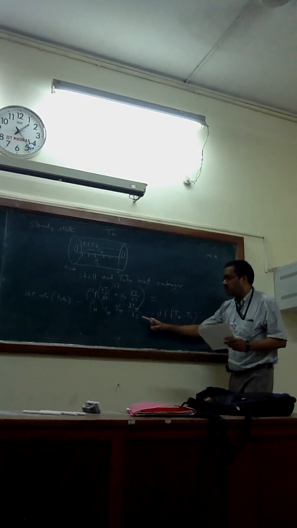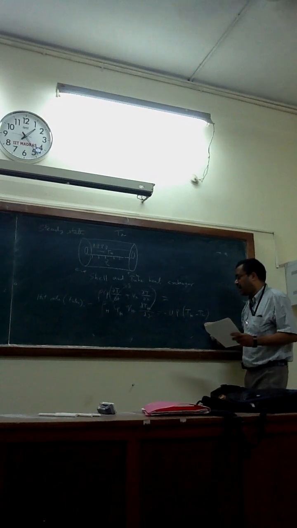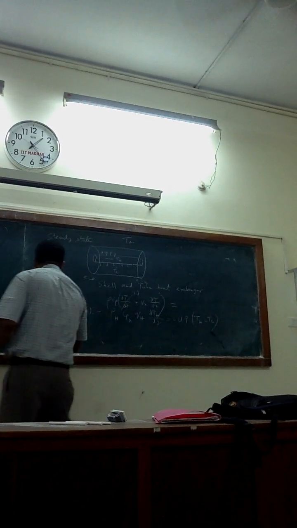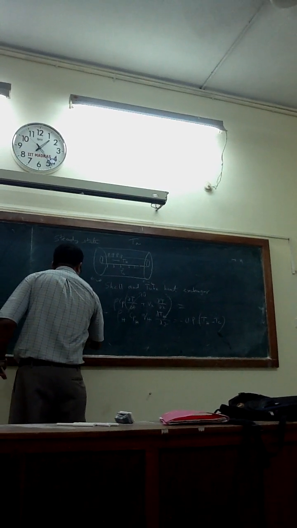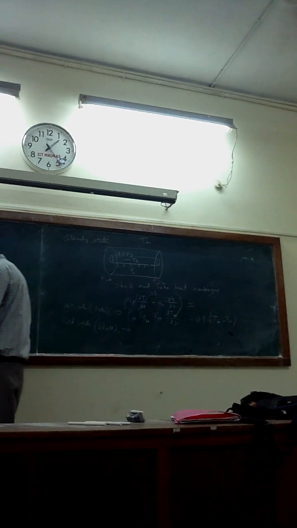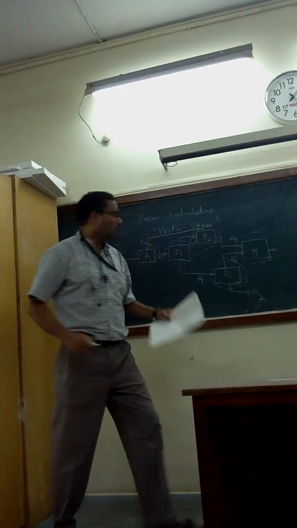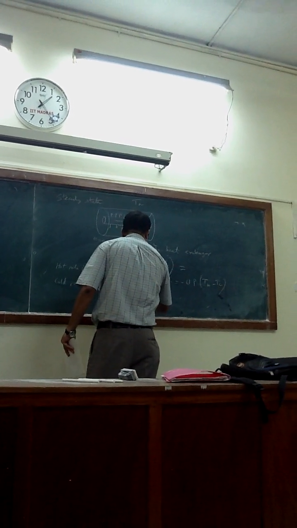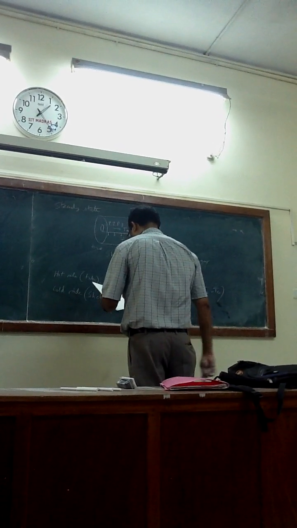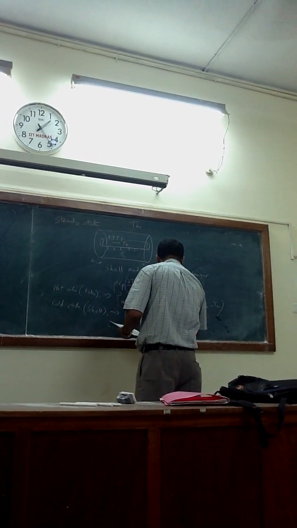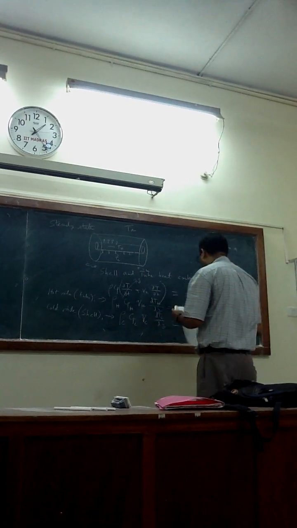So you can see that we have a differential part here, and the other part comes from the cold side, the shell side. What will be the equation for the shell side? Rho C, CPC, QC, dTC/dz equals, is it minus or plus?